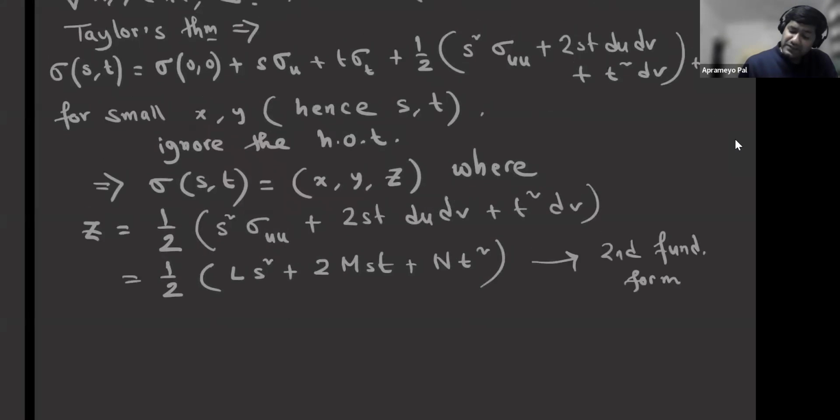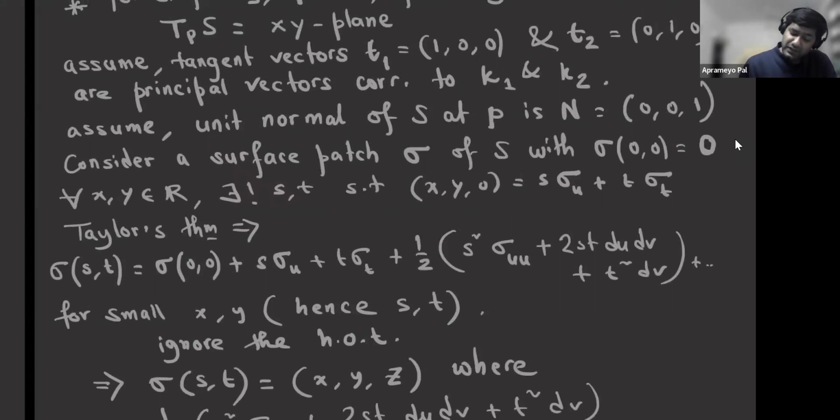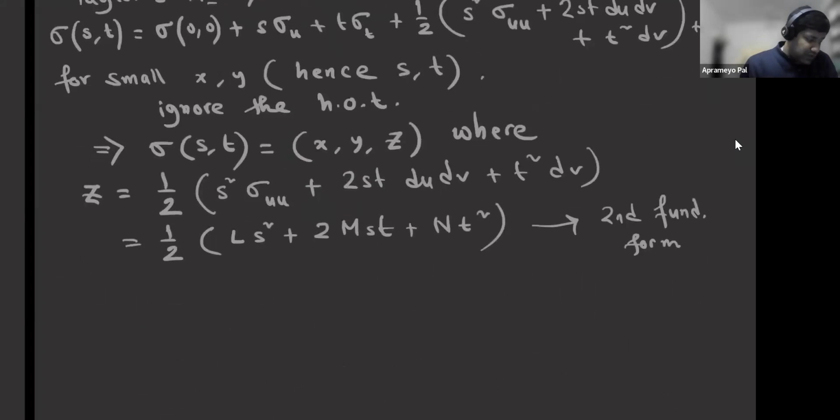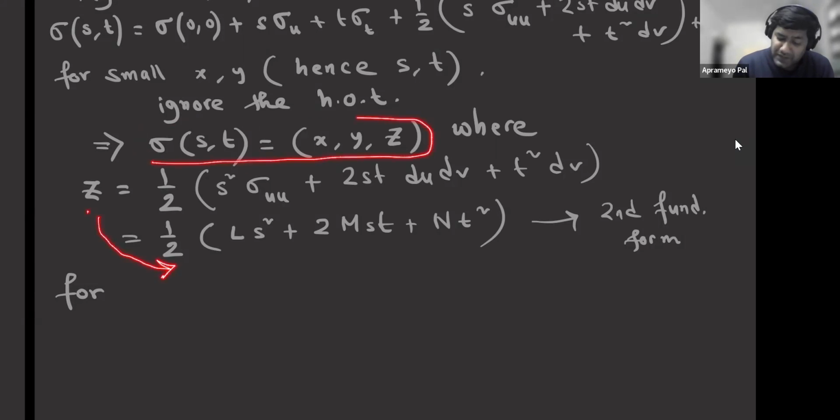This makes sense because here our unit normal is also (0, 0, 1), so this goes through. So what are we trying to say? Essentially, this sigma(s, t) is (x, y, z), and z is approximated by this equation, and that's the surface patch. So it's kind of a parametrization; we are trying to find an approximate parametrization.